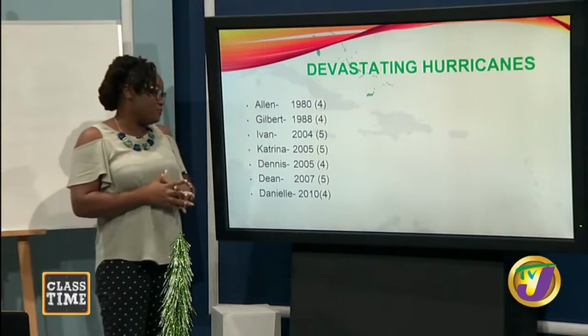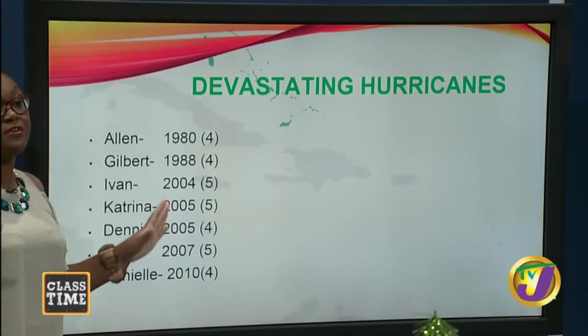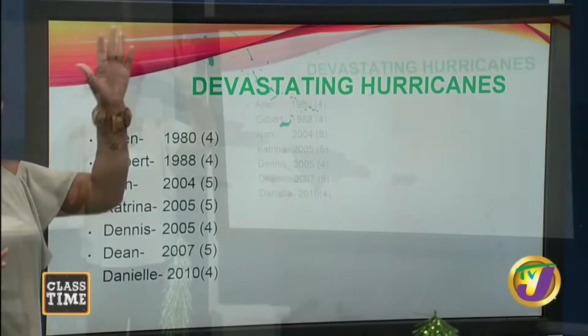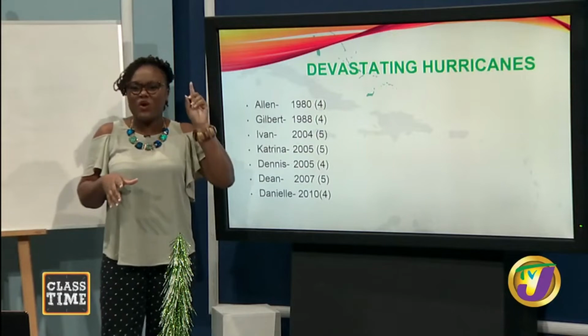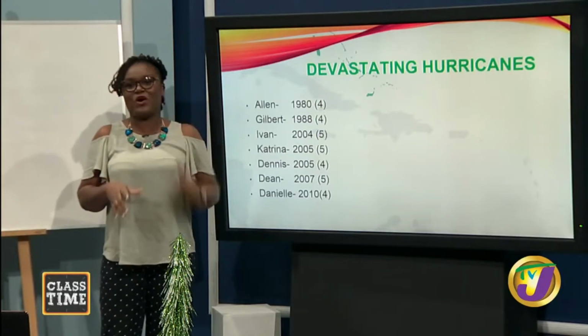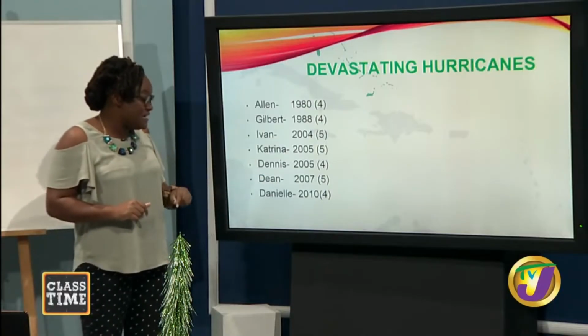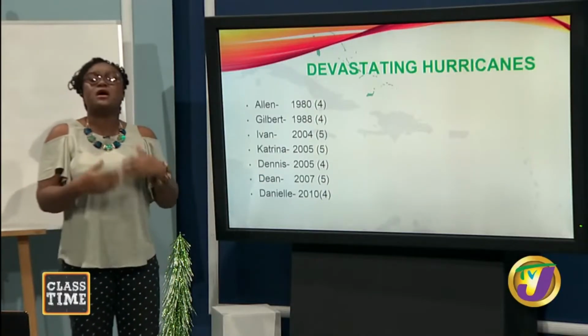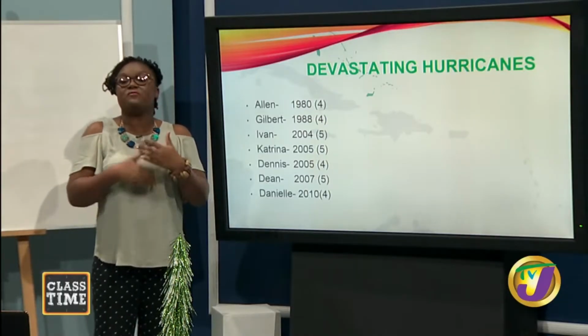And there was quite a bit of destruction for Ivan. Katrina, we know that Katrina left a very devastating path, going all the way up into Louisiana and so on. Dennis. No, Dennis, I definitely recall Dennis. And I'm not telling you why I recall Dennis. Also, Dean. Daniel, and we've had much more recent ones because every hurricane season we have been having these.